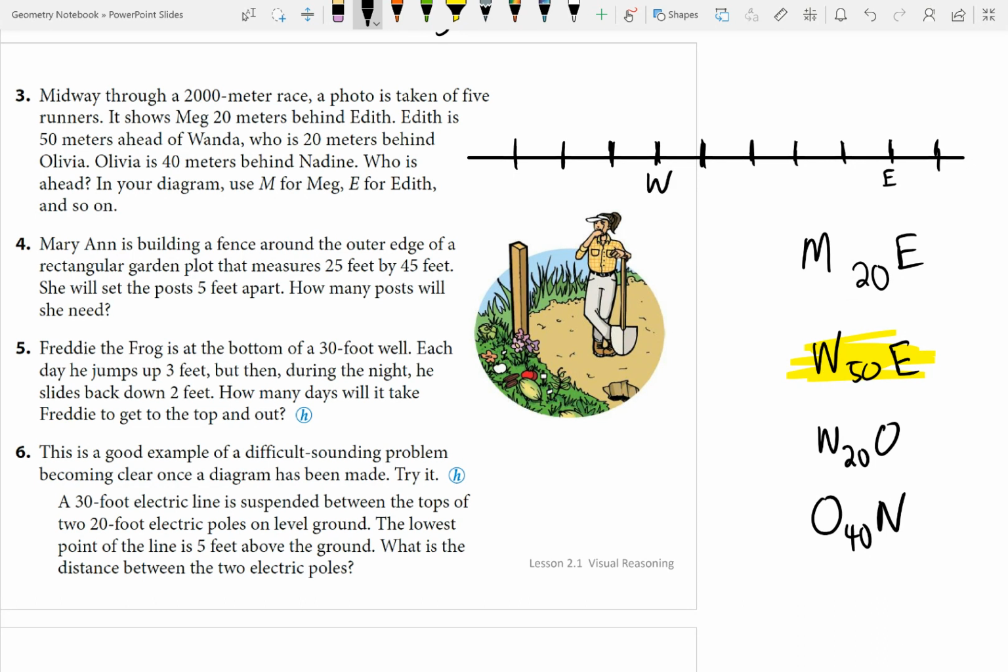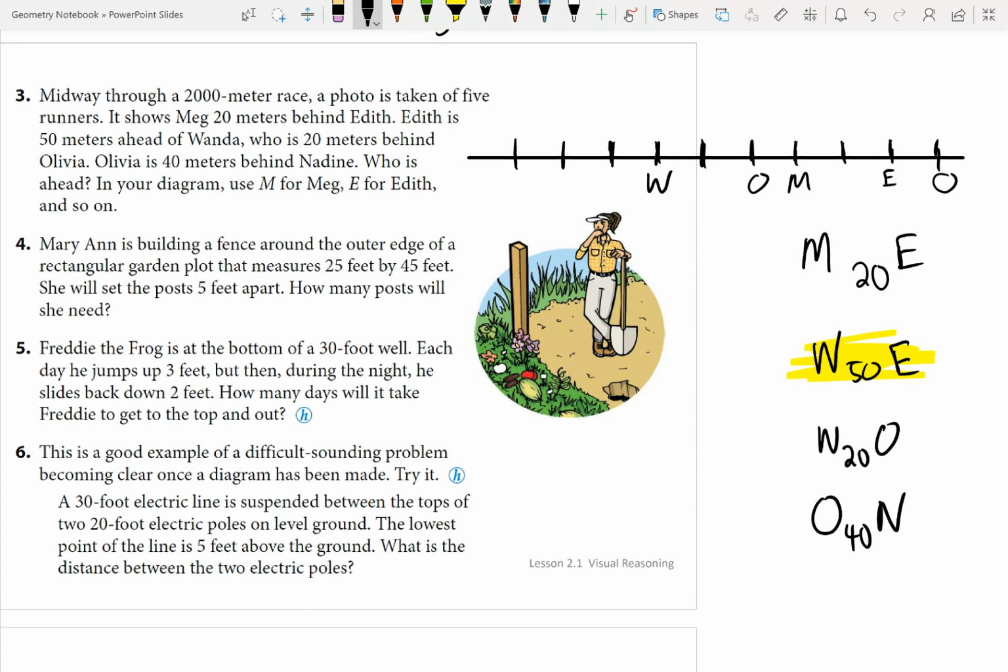That's that 50. And then I know M is right here. And then O is ahead, so here. And then O, and then 10, 20, 30, 40. Okay, let's make sure.